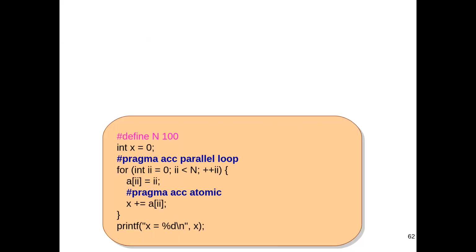Those of you who don't know about these operating system concepts, ignore that. That's not really important. But the important takeaway here is that if you have a data race inside your program, you can guard it using atomic, not always, but in some cases, like in case of plus equal to. All right, any further questions?